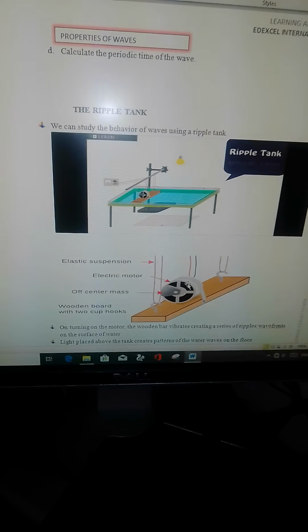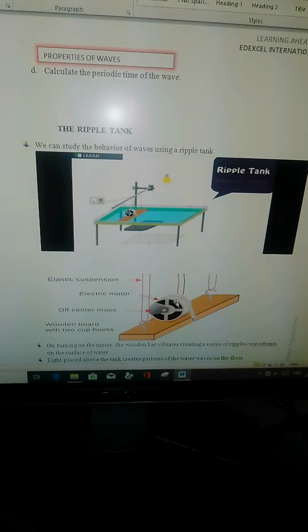But more specifically today, we shall be looking at the ripple tank. So what is a ripple tank? A ripple tank is a device that is used to study the behavior of waves.